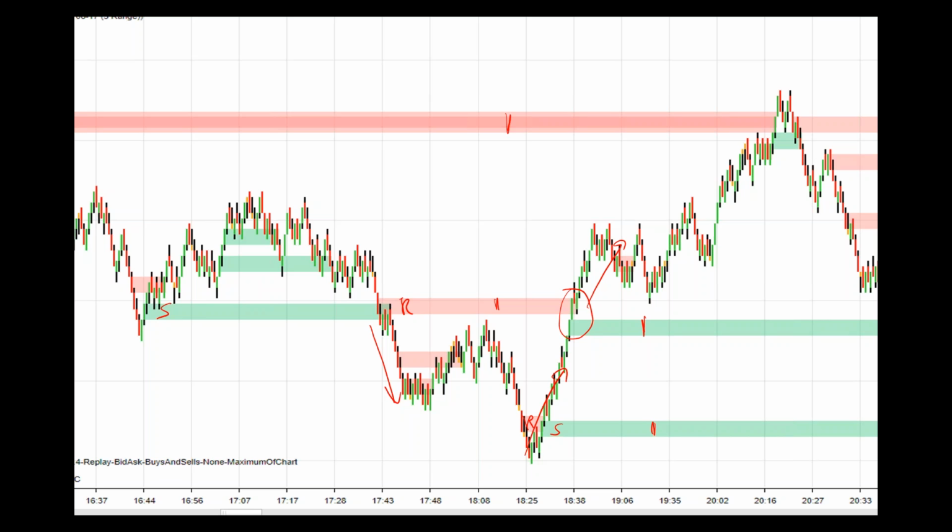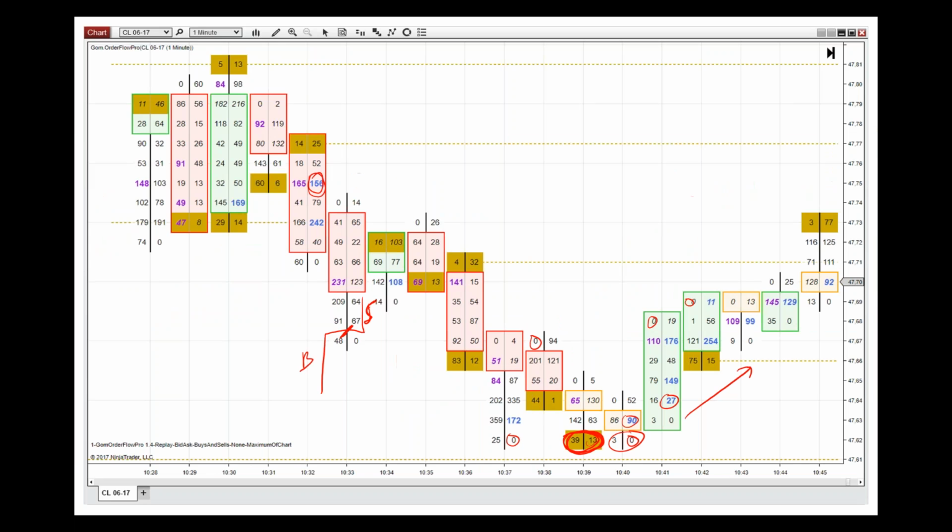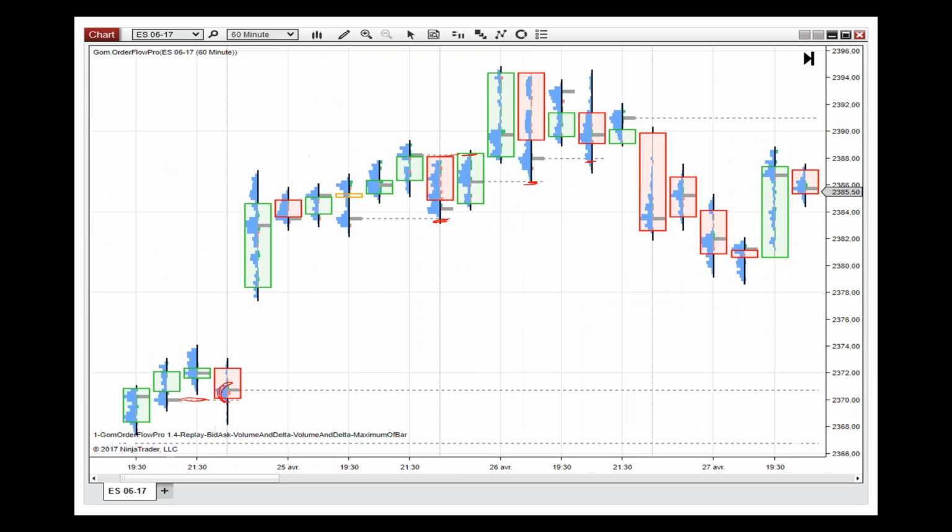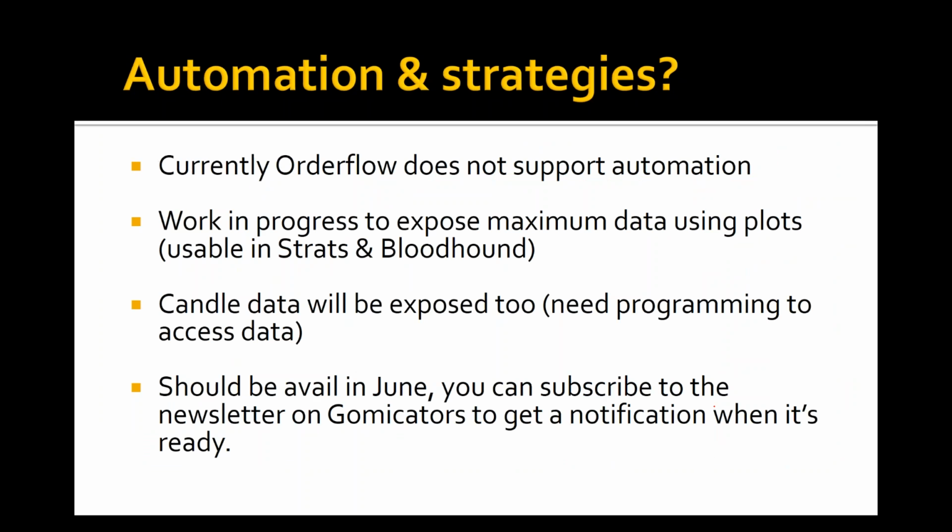Okay. So I'm going to run through the last slide: automation and strategies. Unfortunately, the current implementation of the order flow indicator does not support automation, but I'm working on it at the moment, and I'm going to expose the maximum data available using plots, so it can be run through strategies and Bloodhound.